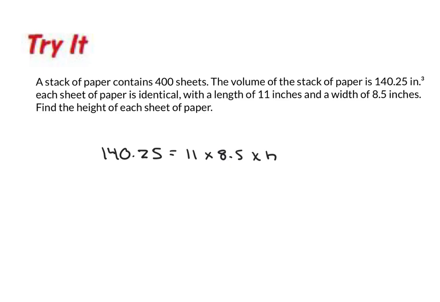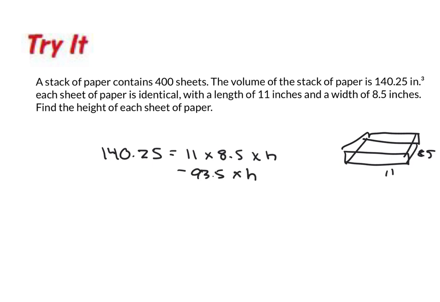So we'll go 11 times 8.5 to start us out here. So the area essentially of your base, if you were to draw a stack of papers, your base is going to be that 11 by 8.5. And that gives you 93.5 times h equals 140.25.